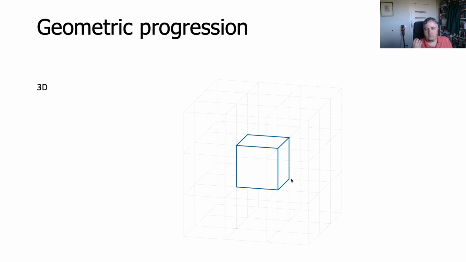In 3D it's even more complicated, because now there are 27 boxes here. We are using only one, so 26 boxes of identical dimensions are being ignored. This is a geometric progression that shows us that by focusing near the mode of the distribution function, we are dropping a lot and a lot of volume.